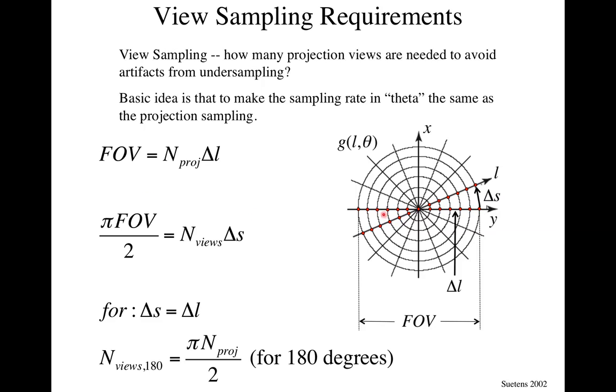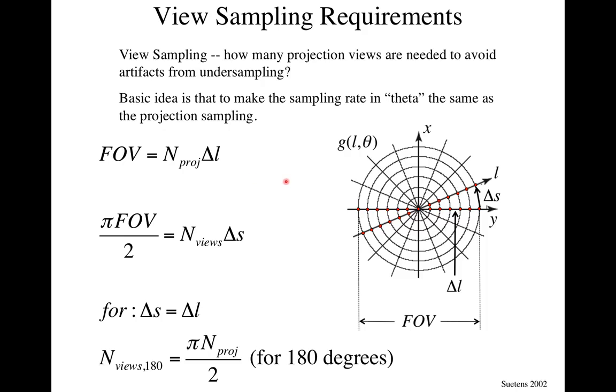We can do a calculation to figure out where this occurs and how many views you need for this to be adequate. So here, if we call this our field of view, that's our target here, which is just the whole array across L, right? So that's just a real number, field of view, and it's the number of points along L times delta L, in centimeters or millimeters, whatever.